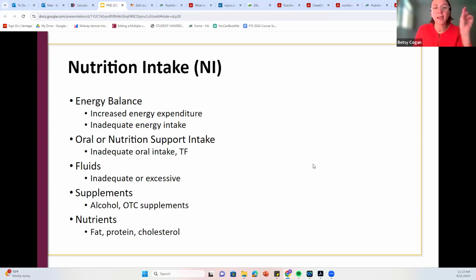So again, nutritional intake category, we're looking at changes in energy balance potentially, changes in oral intake or nutrition support, changes in fluid, supplement use, and then specific nutrients. So has something with any of the things that go into your body changed that has led to a nutrition problem, right?